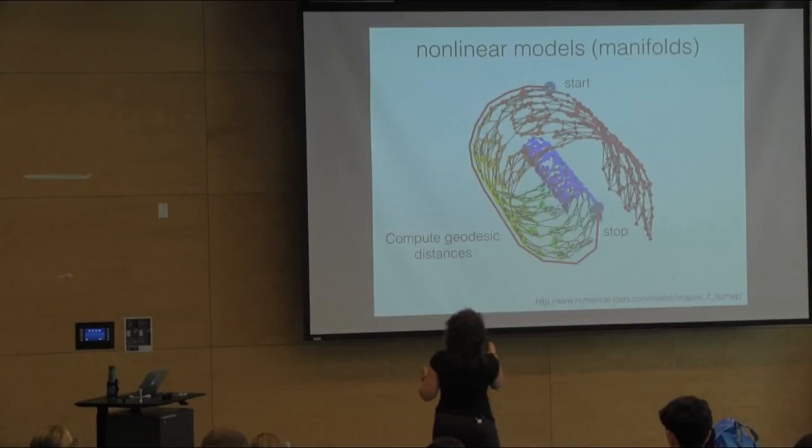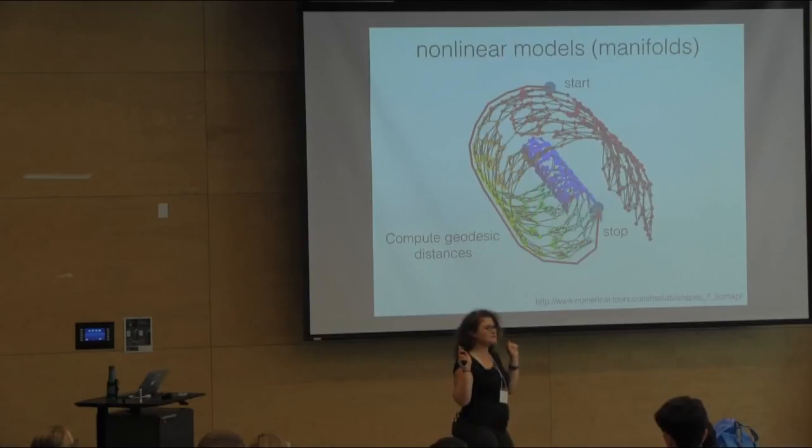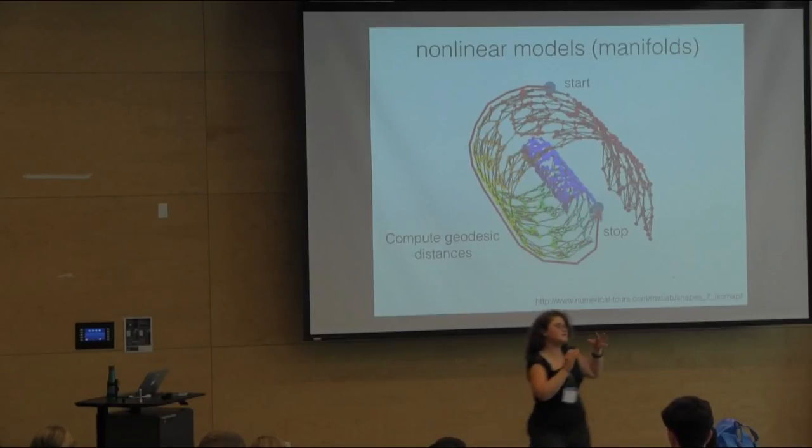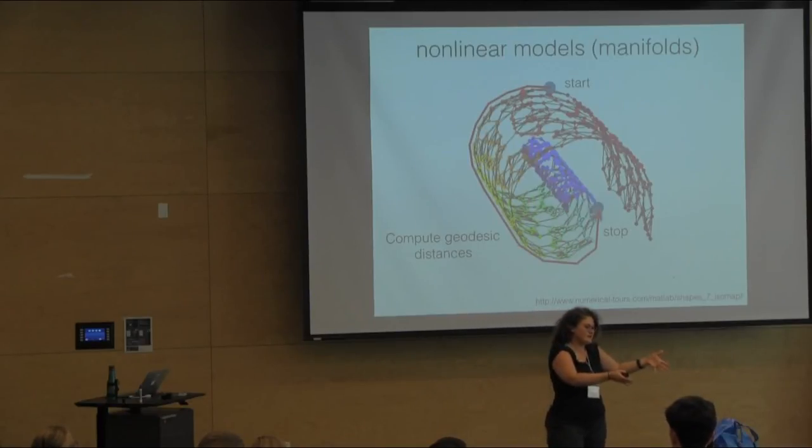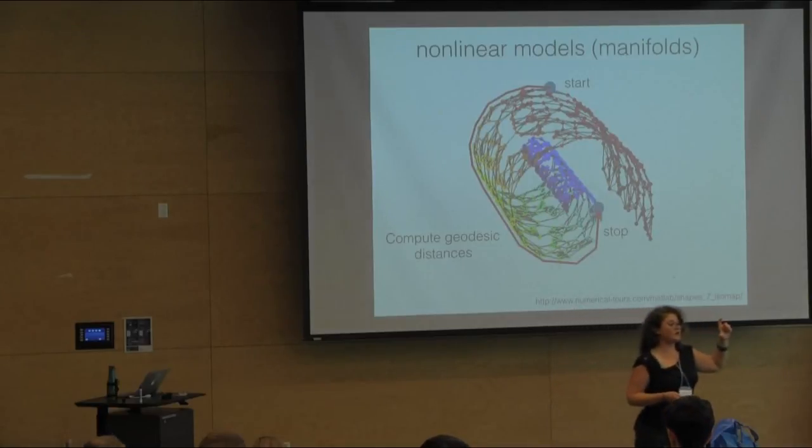Because basically, if I know the distance between this point and this point in terms of my geodesic, I would now say in the lower dimensional space, I want those two distances to be about the same distance apart, right?